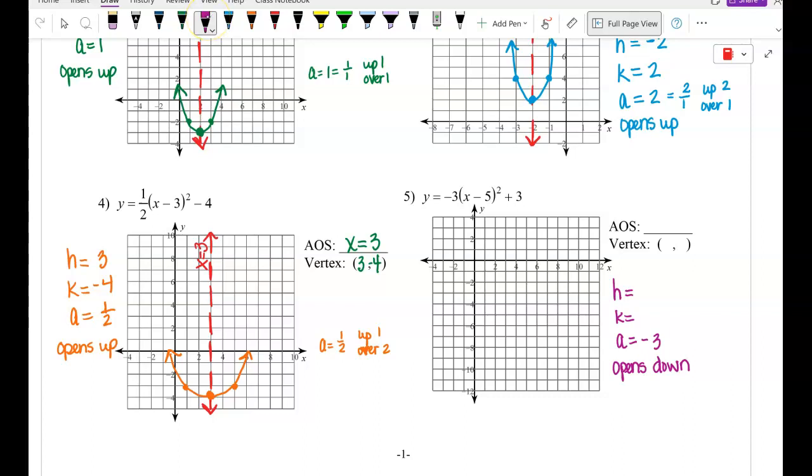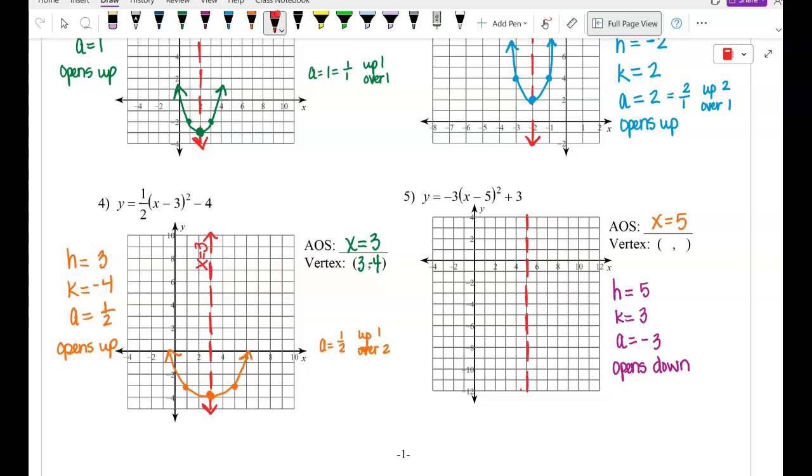What is my value of h? 5, and my k? So what is my axis of symmetry? X equals 5. So at 5 on my x-axis, I'm going to draw in my dashed line.